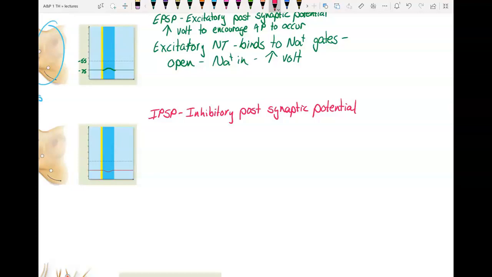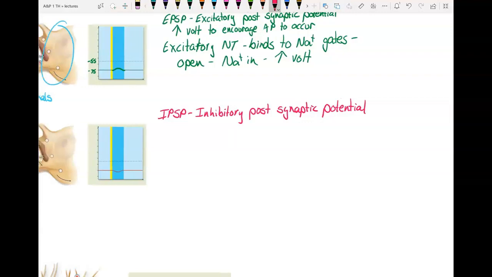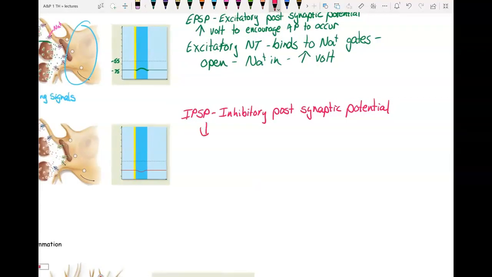This is when you do not want an action potential to occur. And to avoid an action potential, you reduce voltage. So IPSP reduces voltage to prevent having an action potential.